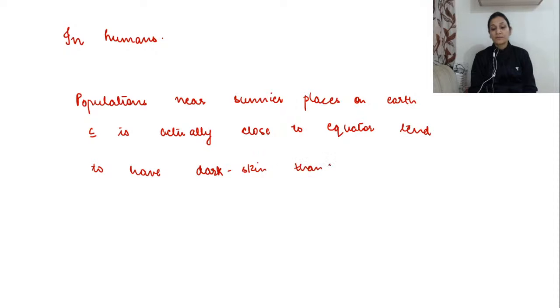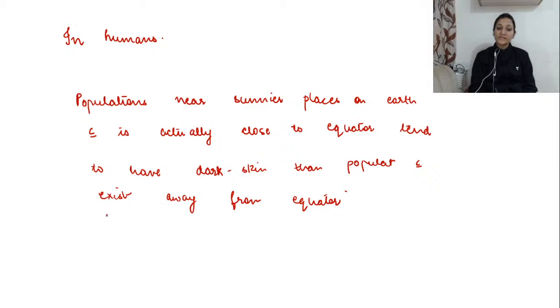Then the population which exists away from the equator has lighter skin. But there are always some exceptions. It is not like 100% true.